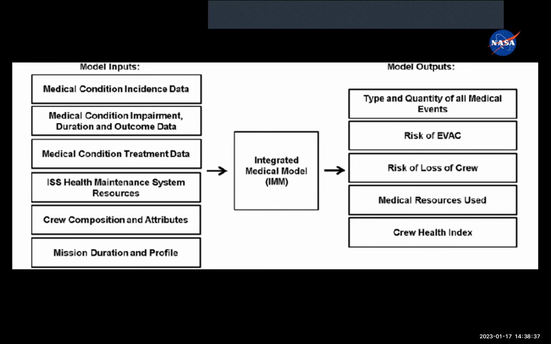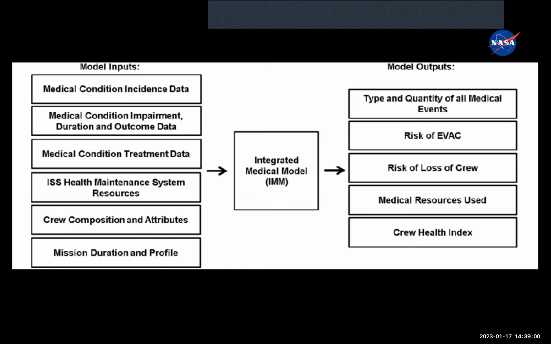This is from the NASA Johnson Space Center's Exploration Medical Capability. This is the Integrated Medical Model, or IMM. Basically, it allows us to plan how much medical kit we'll need for a different mission profile based on what is already on the International Space Station. So that is our starting point.